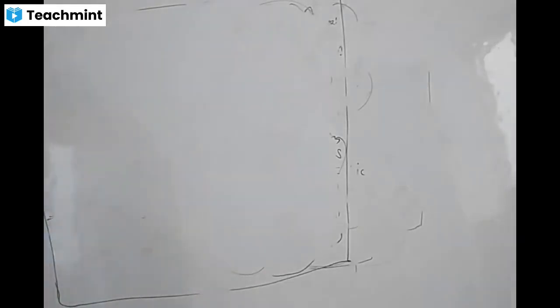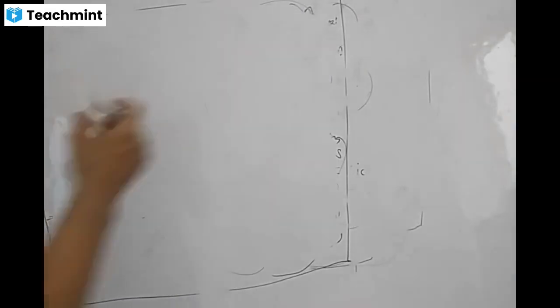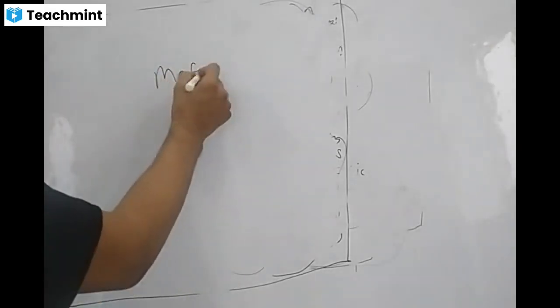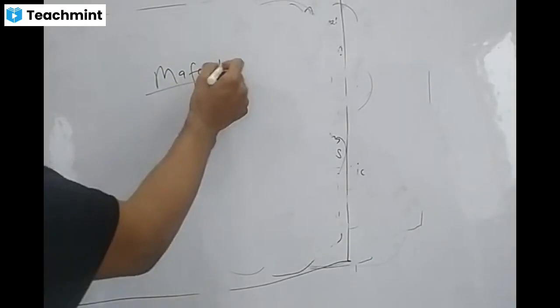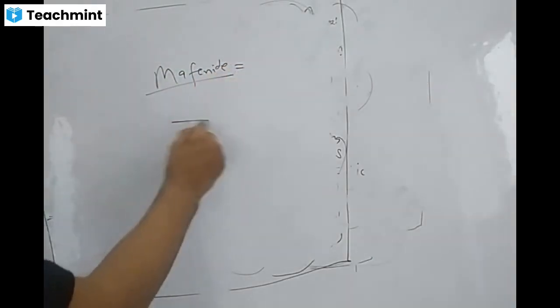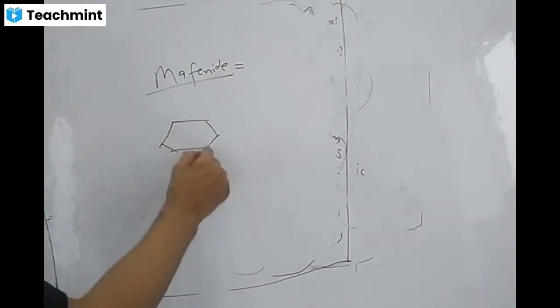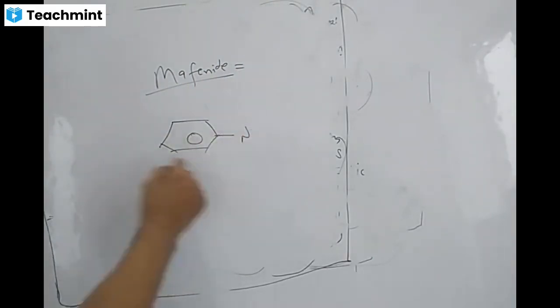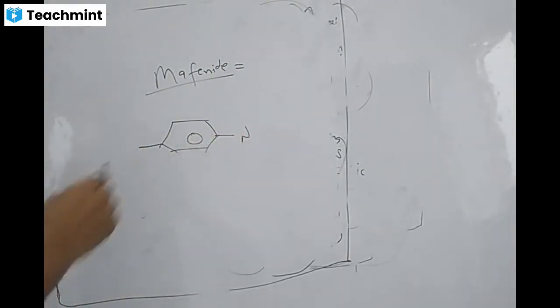Then there are many classifications of sulfonamide like long acting, short acting, topically or systemically acting. With this classification, the important example number one is mafenide. Why mafenide? Because normally sulfonamide has nitrogen here, and nitrogen here.